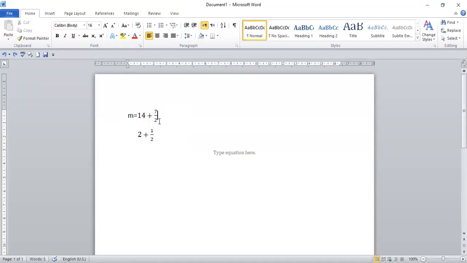So let's solve this. Now to solve this, there is an easy way to do it. Just change this into a mixed number. So 7/2, if you divide into a mixed number, that's going to give you 3.5. 7 divided by 2 is 3, remainder is 1. I know most of you will not understand what I'm talking about now.